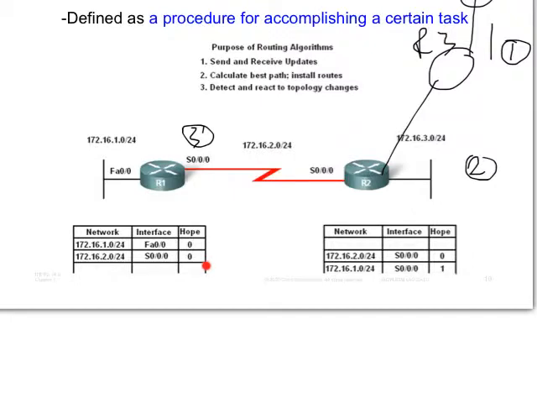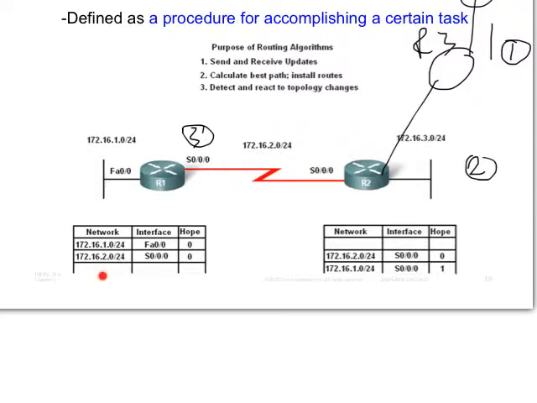But there may be some situation where I have an incoming route and I have an existing route to the same destination. In that case, I have to select which one is better, right? So if the incoming route is giving me a cost that's less than the existing, then I remove the existing and put the new one.